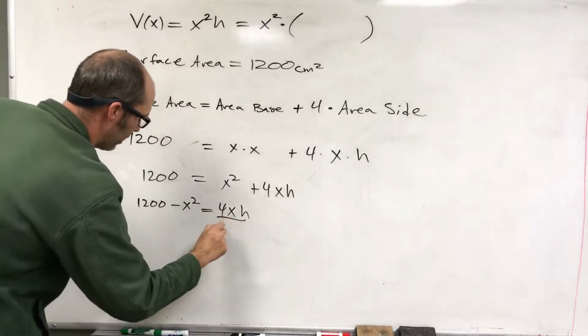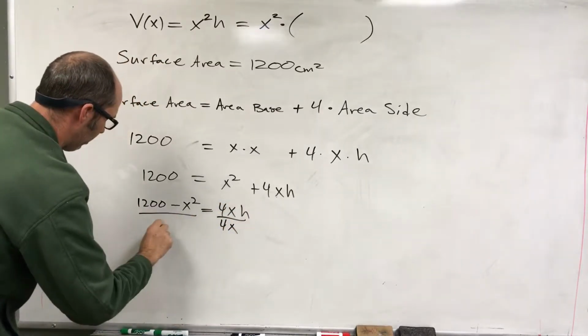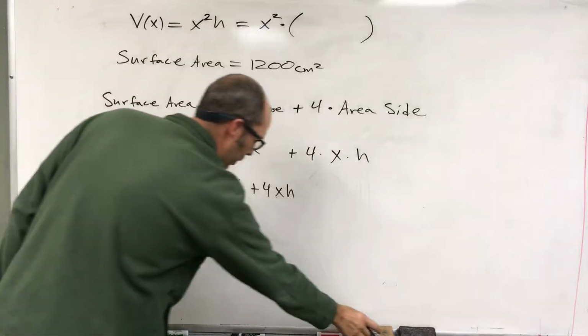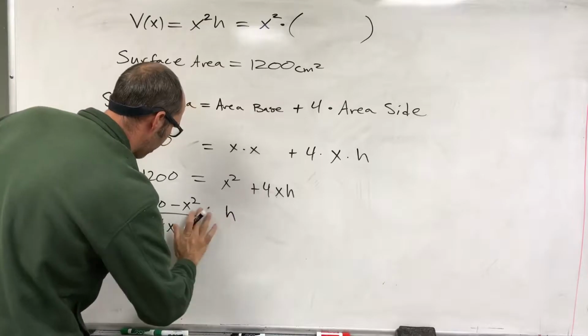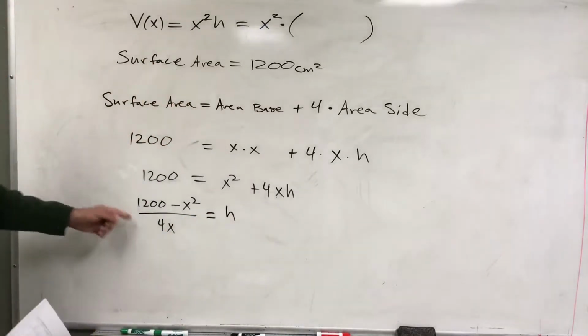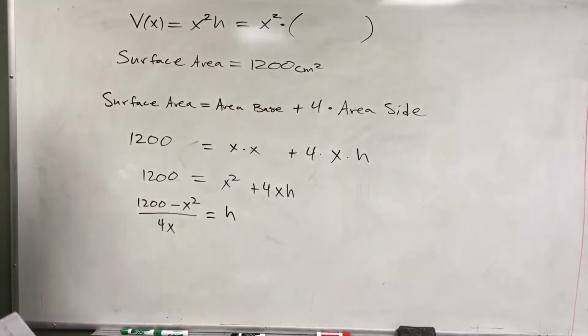Dividing both sides by 4x, we get that h is equal to 1,200 minus x squared over 4x.